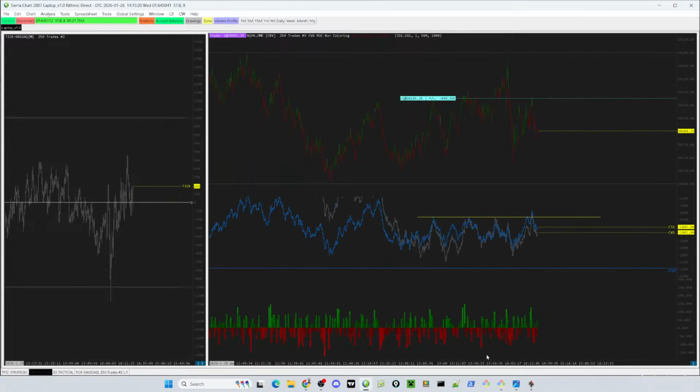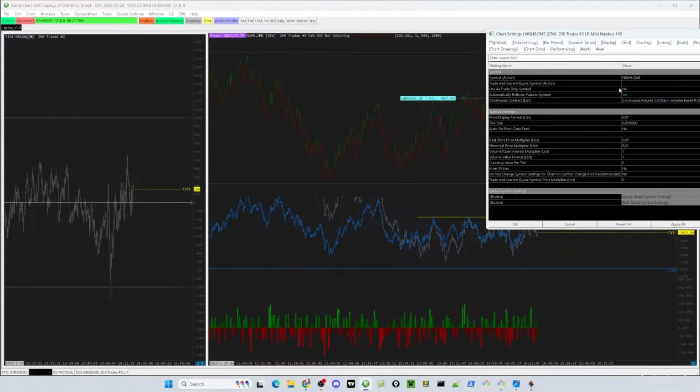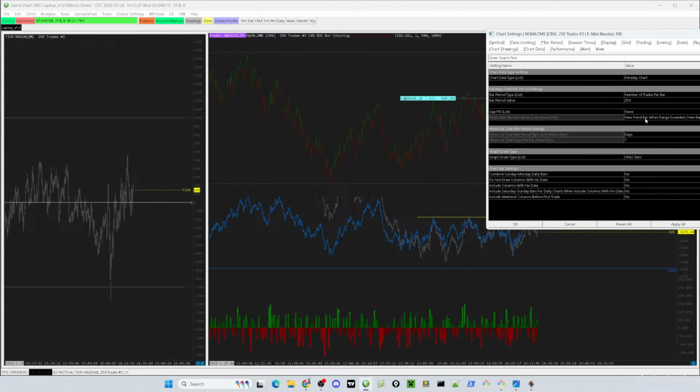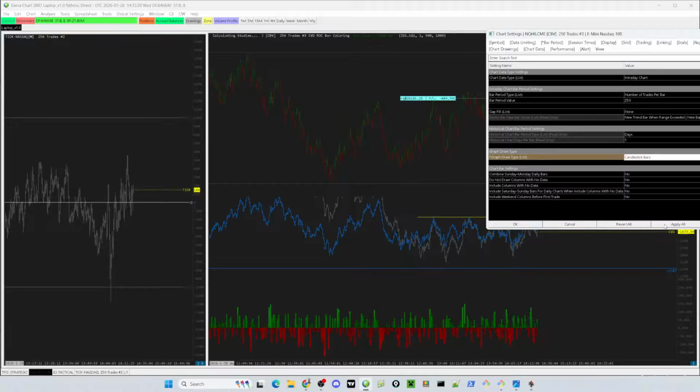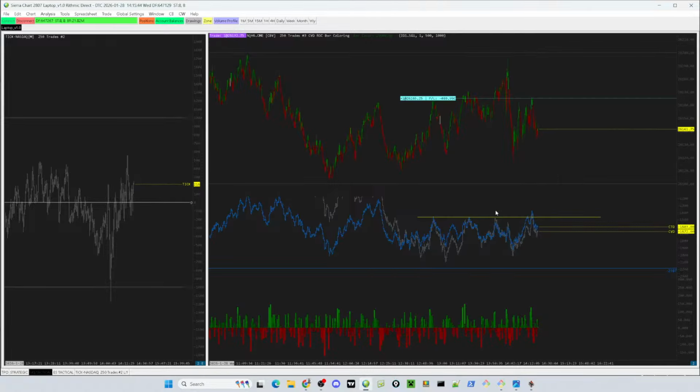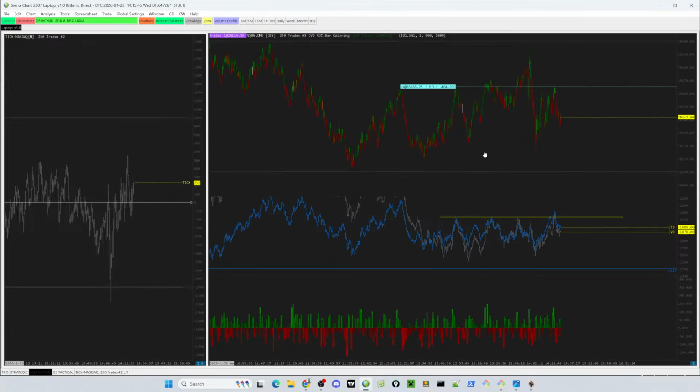And I know that these bars are kind of hard to see. Let me, I'll do this for you guys. It's just that they're based on, again, the kind of order flow momentum.